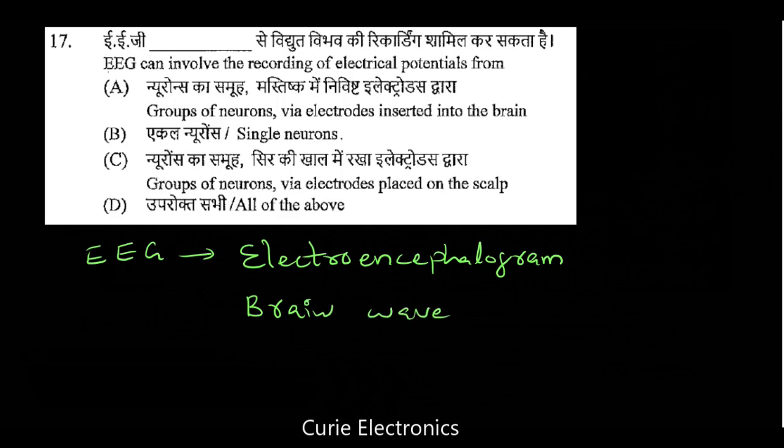How do we check? On our scalp, where our hair is. We can shave our hair, attach electrodes to our scalp, and then observe the brain waves. From that we can identify any abnormalities. So it is a group of neurons, recorded as electrical waves from the scalp using electrodes placed on the scalp.